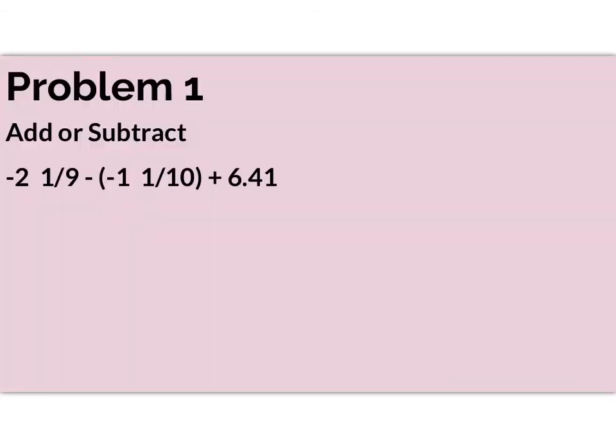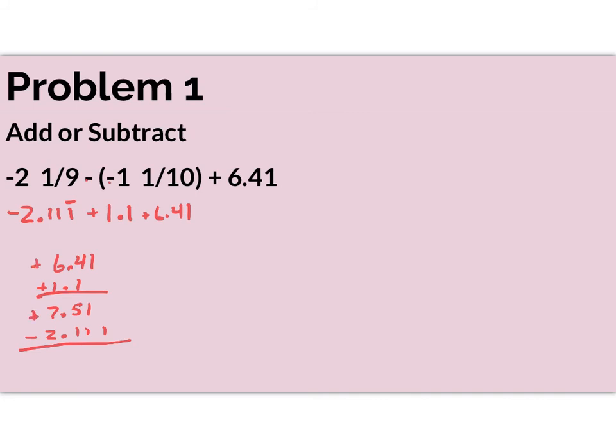Okay, so doing this the regular way, 2 1/9 becomes negative 2.111 repeating. Negative and a negative become a positive. 1 divided by 10 is 0.1. And then plus 6.41. So 6.41 plus 1.1 is 7.51 minus 2.111 repeating, and that's plus because this is plus.